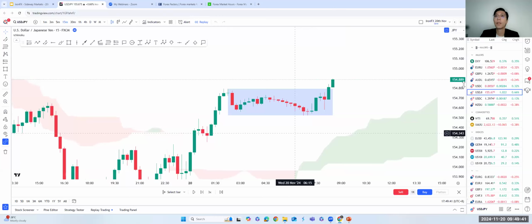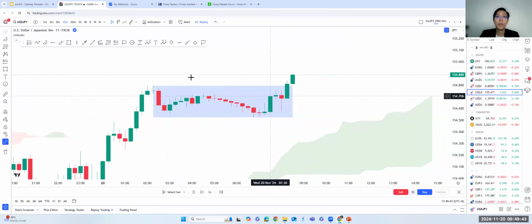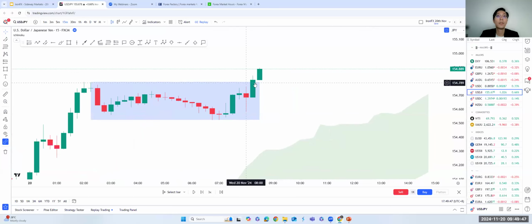Okay, let's say you are right here. Okay, then what should you look at, right? The main thing you should look at is, okay, we have a candle closure above the range. That is one thing. The second thing is for you to mark out this red candle, okay?